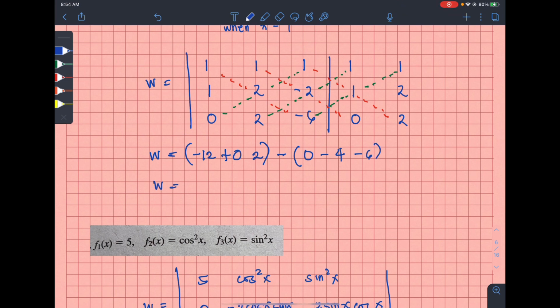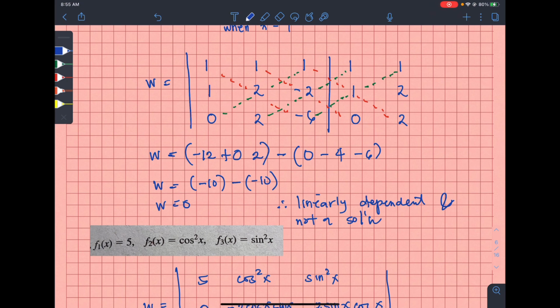So W would be negative 12 plus 2 is negative 10. Then minus negative 10, so negative 10 plus 10 is 0. Therefore, linearly dependent and not a solution.